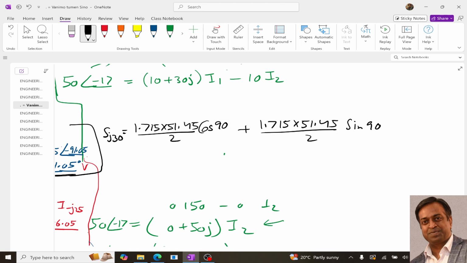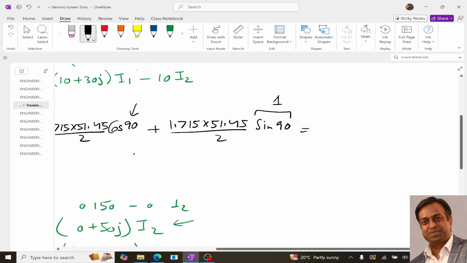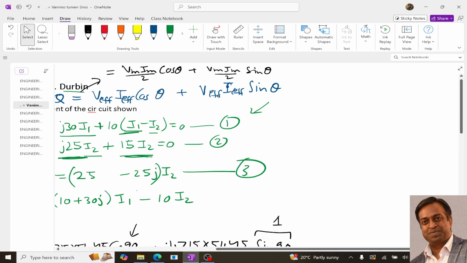Now due to this cos 90, this is going to cancel out, so we will get only the sine 90 expression. So this is 1, right? And also over here we have j. At the top I forgot this is j, right? Over here I have mentioned j.